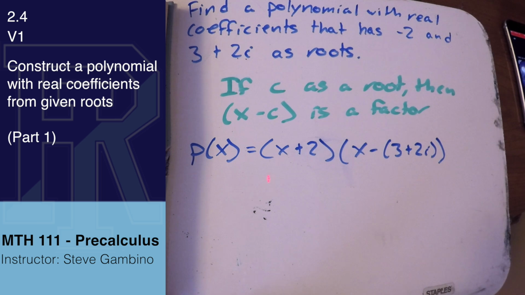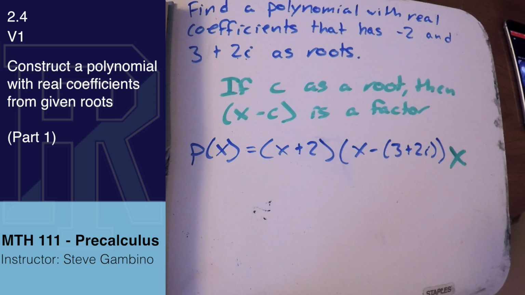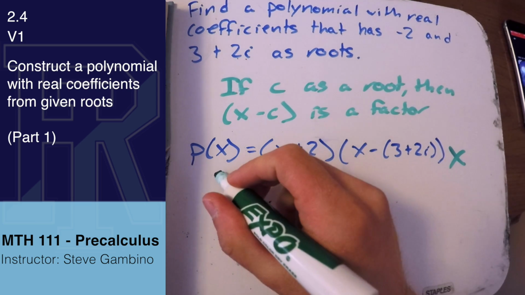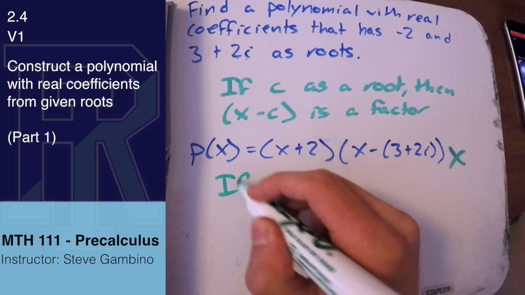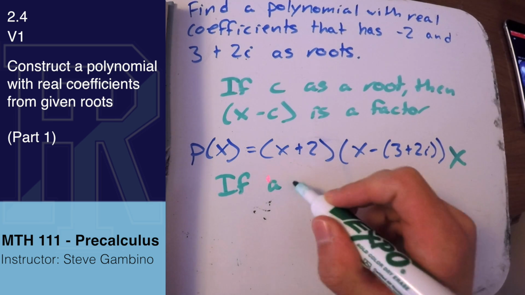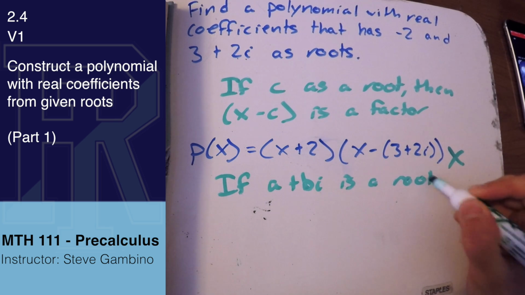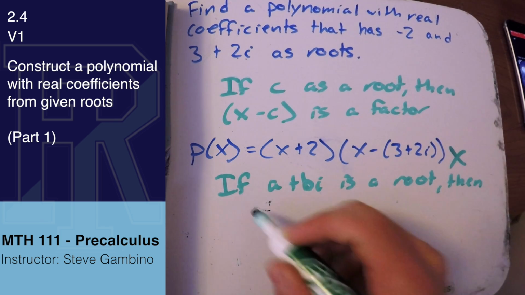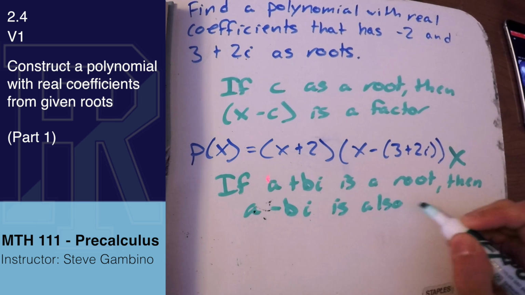So this is not quite right, and we need to remember one more thing, and that's the idea of the complex conjugate, which is that for a polynomial with real coefficients, if a plus bi is a root, then a minus bi is also a root.